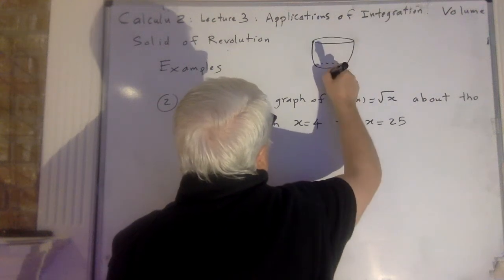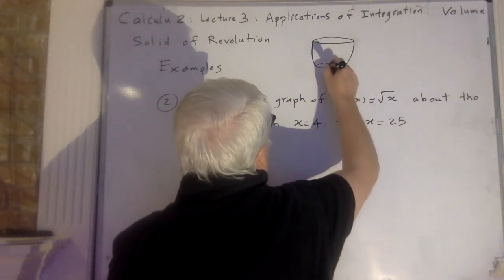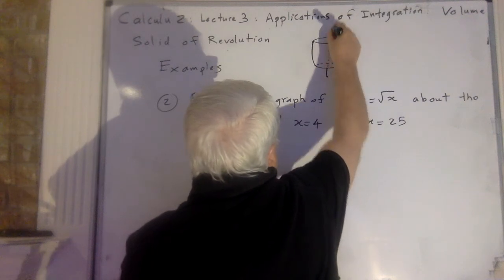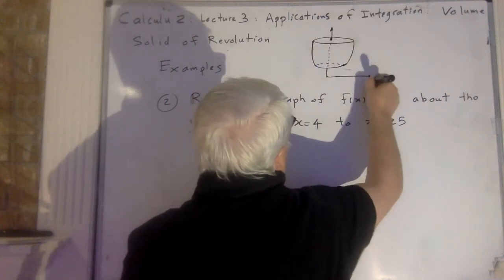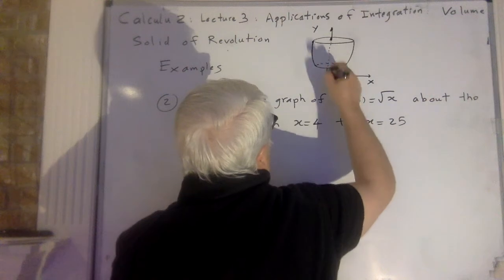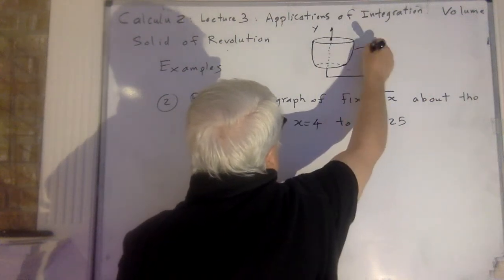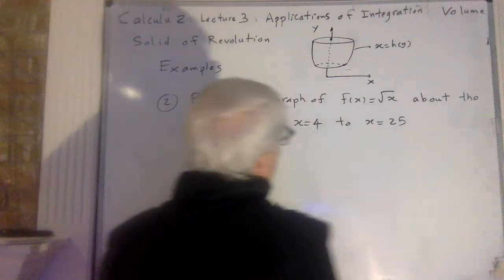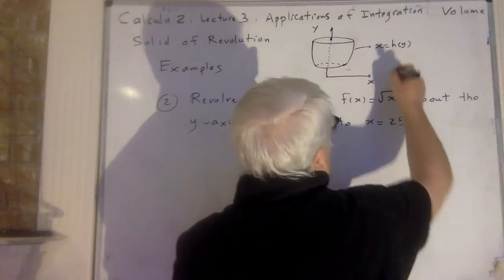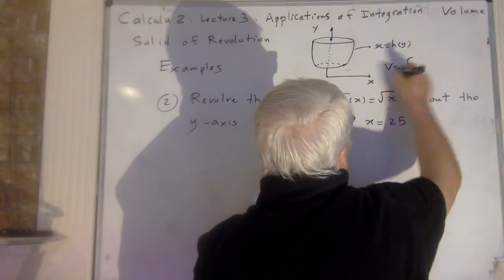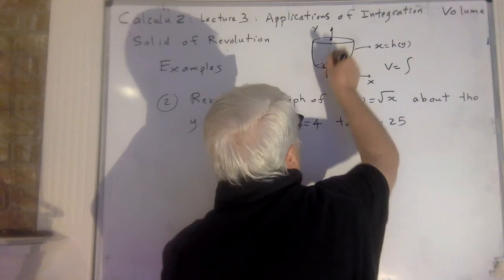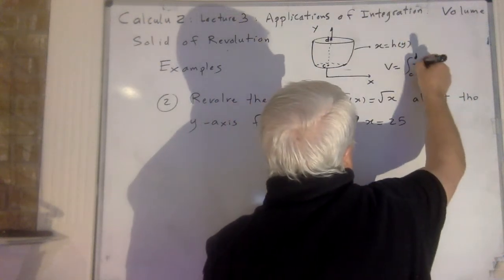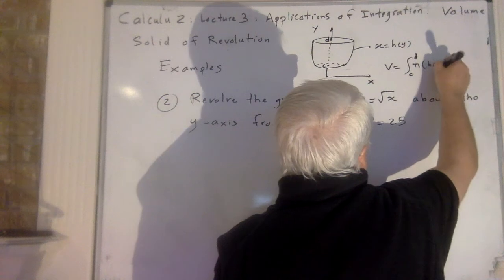So this is the y-axis, and the x-axis. And this is the curve. So that is x equals h(y), right? And the volume will be something, let's say, from c to d of pi h(y) squared dy.